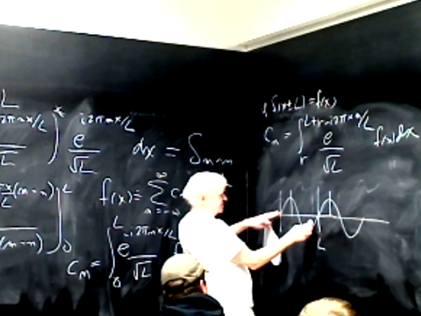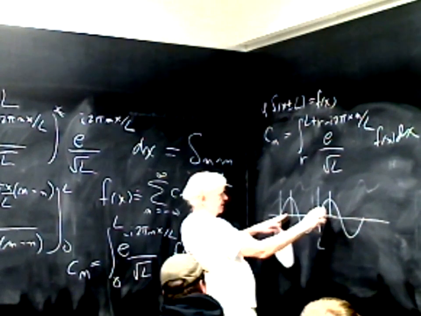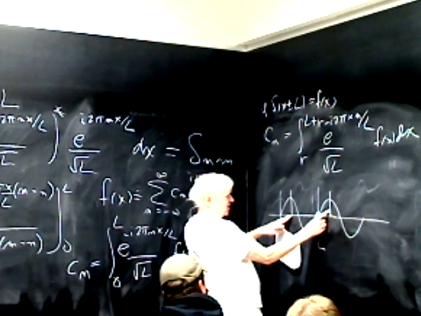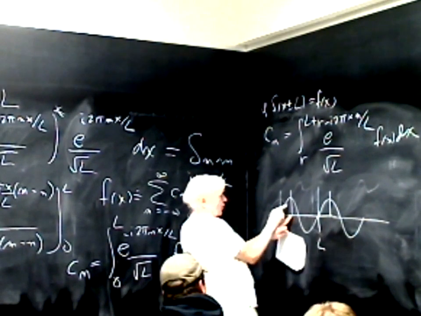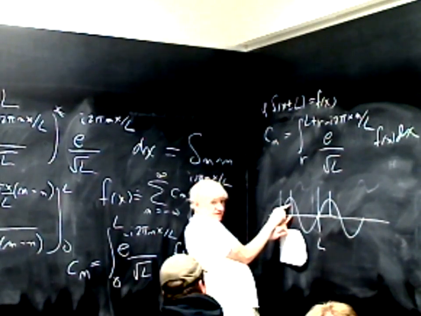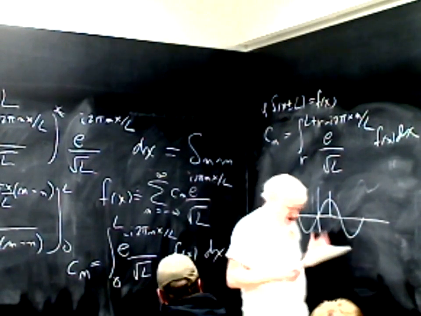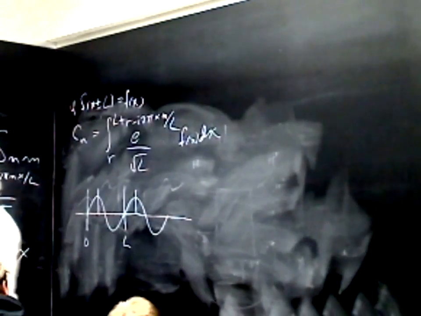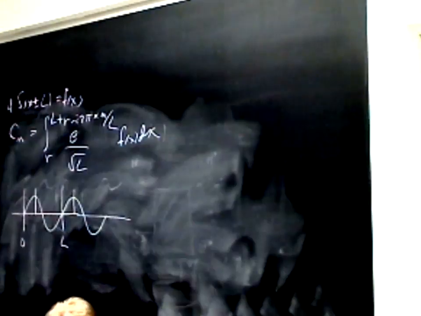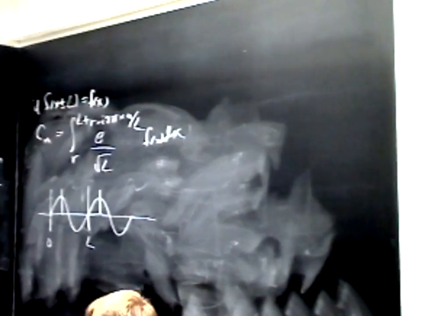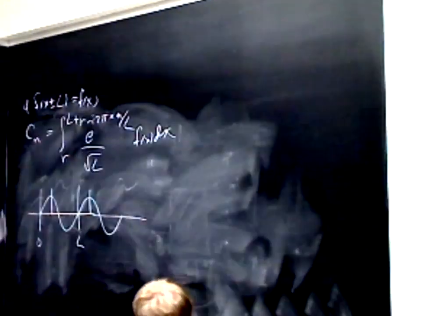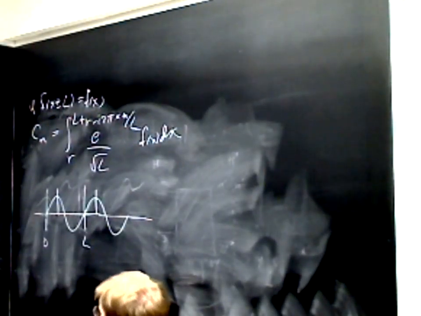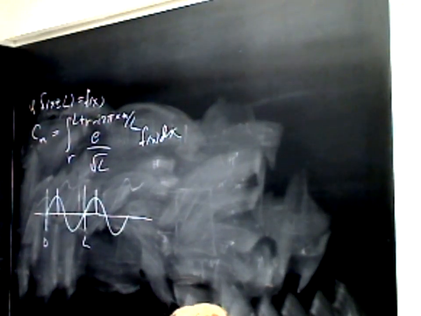You get this integral there, but doing it this way, this part makes up for what you missed over here. So you can shift the interval, and when you do that, you don't change the coefficients at all, if the function is periodic.